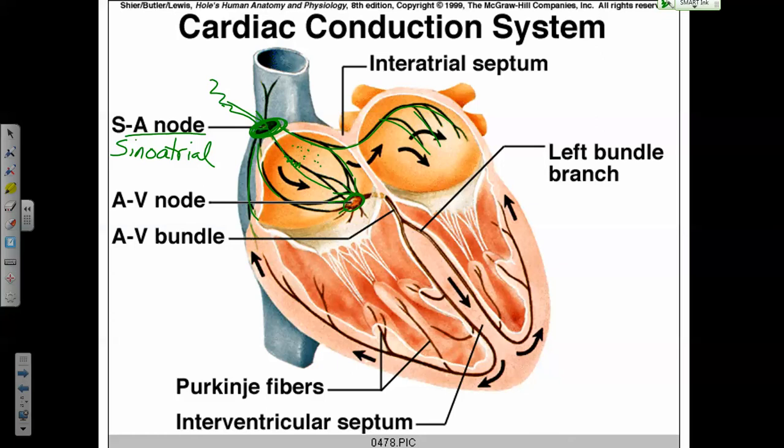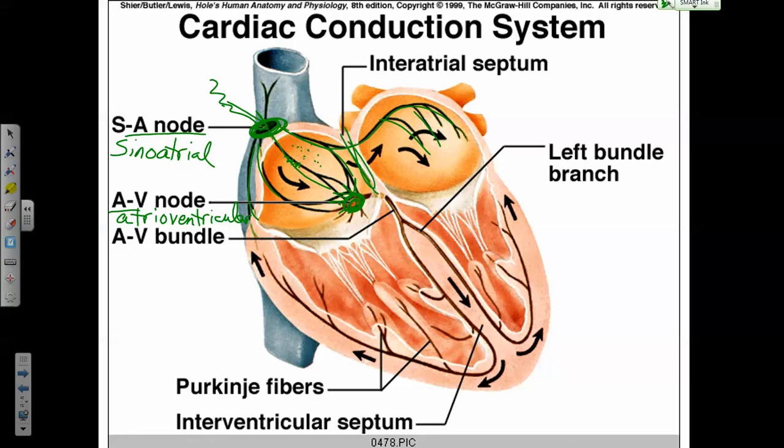Because these cells are thin, the impulse slows down when it gets to those cells, and that's very efficient because that gives time for the atria to completely contract to get the remaining blood down into the ventricles. Okay, and so then that impulse is in this nodal area called the atrioventricular node. And it's also in the right atrium, but it's close to that interatrial septum at the bottom. This is the interatrial septum.